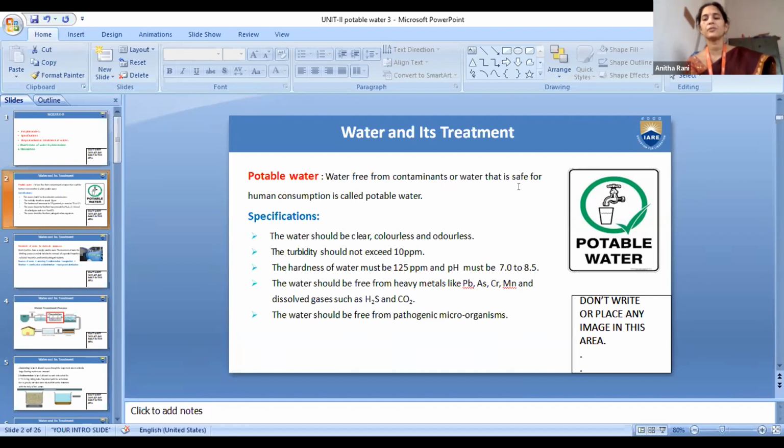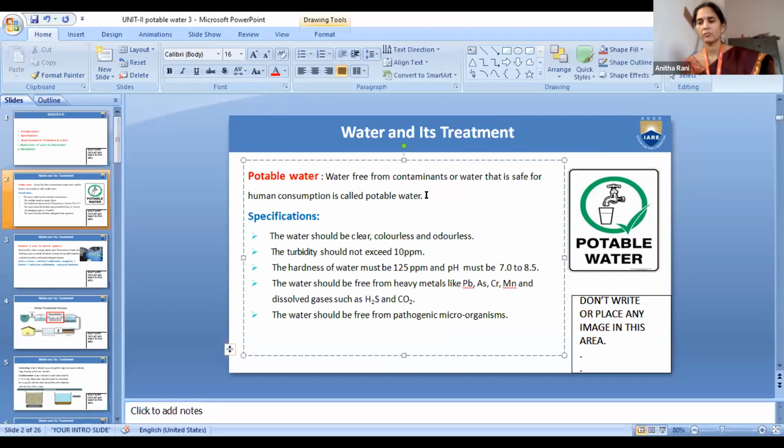Water free from contaminants, or water that is safe for human consumption, is called potable water.